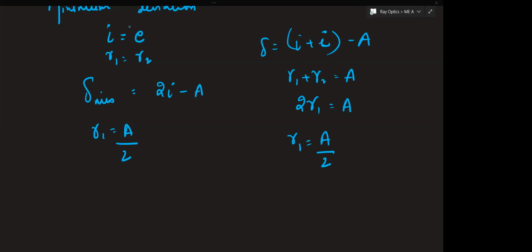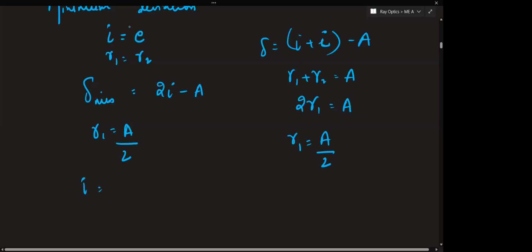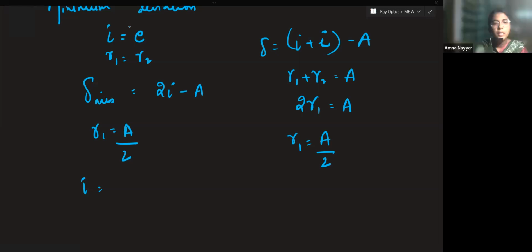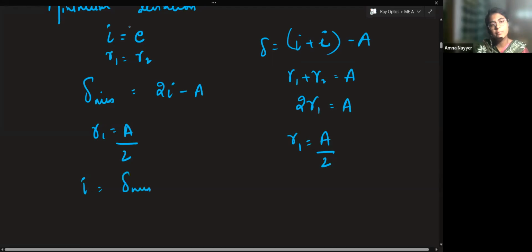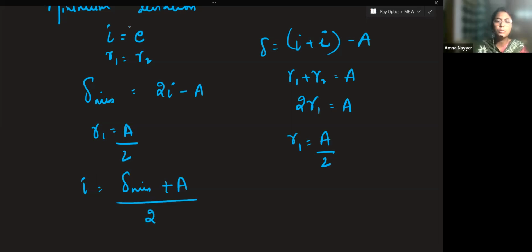The angle of incidence is what? From here you can take out the angle of incidence. If you take it out from here, angle of incidence will simply be delta minimum plus A divided by 2, right?